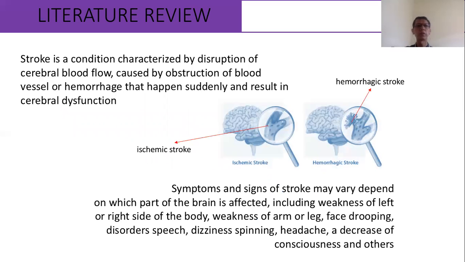Stroke is a condition characterized by disruption of cerebral blood flow, caused by obstruction of a blood vessel or hemorrhage, that happens suddenly and results in cerebral dysfunction. There are two types of stroke: ischemic stroke and hemorrhagic stroke. Ischemic stroke occurs due to obstruction by thrombus or embolism, and hemorrhagic stroke occurs due to the rupture of a brain blood vessel.